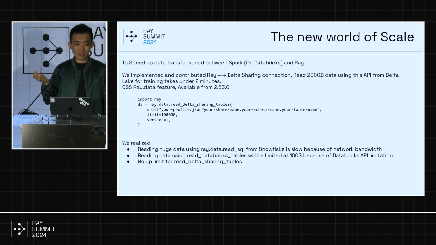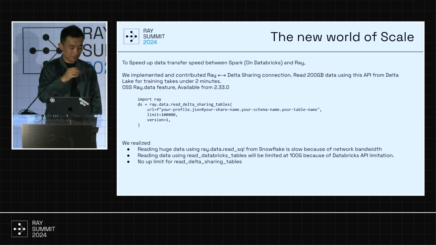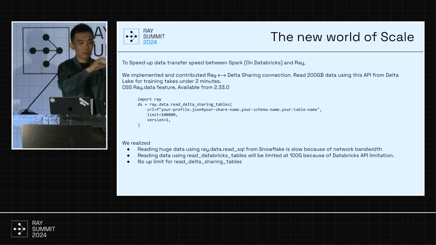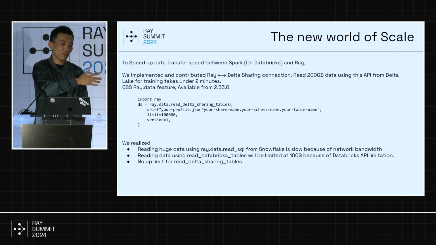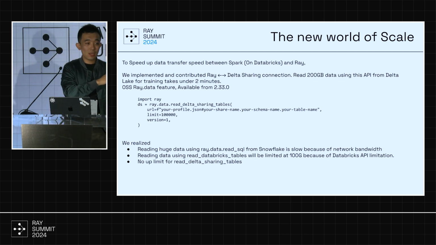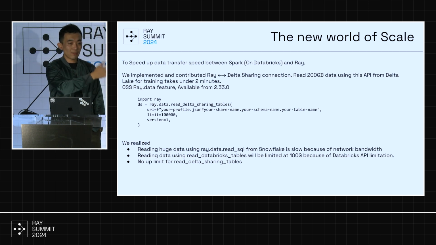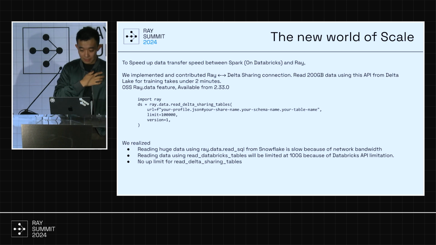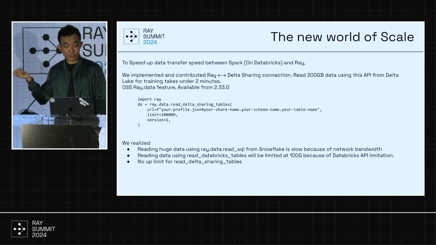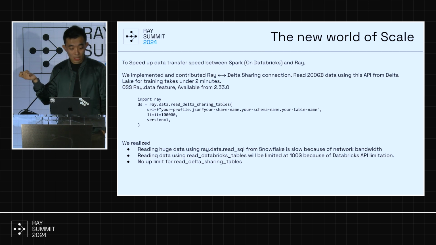We must use S3, and then when you are dropping the data to S3 and reading it back into Ray, you have a lot of resource waste. Maybe you just forgot to delete the file, and you have a terabyte of data living in S3 forever. So what we do is introduce this Ray Data read_delta_sharing_tables API.